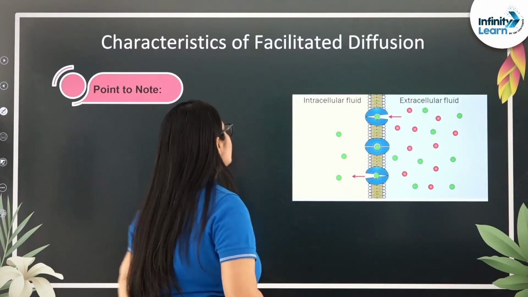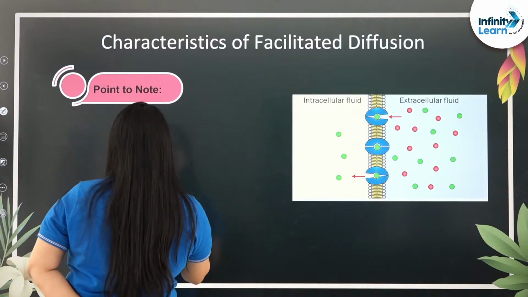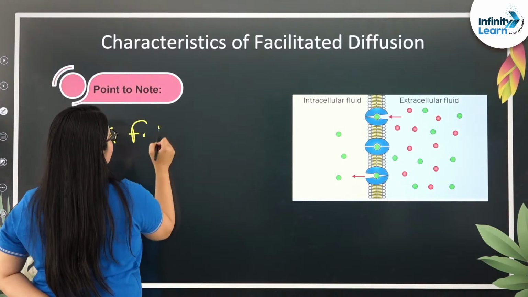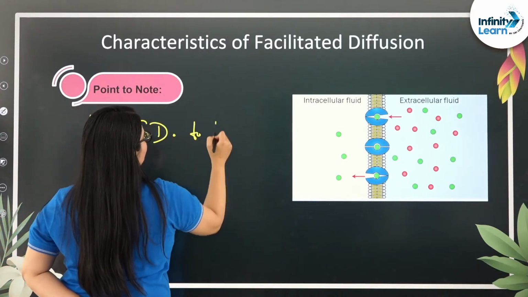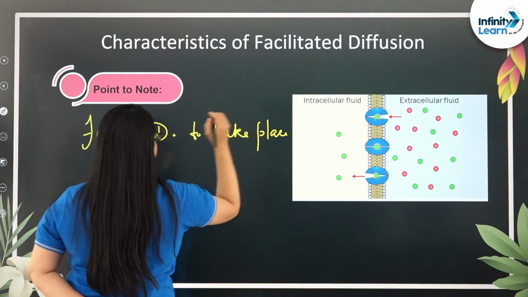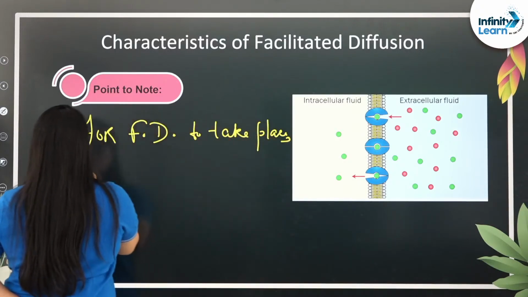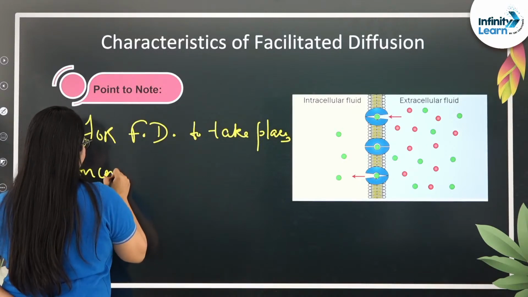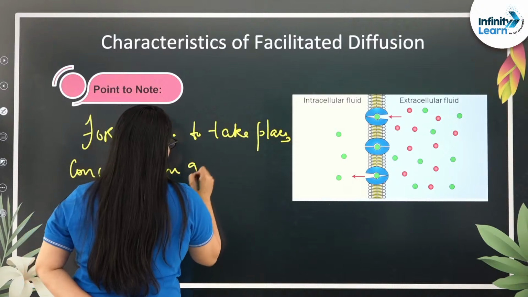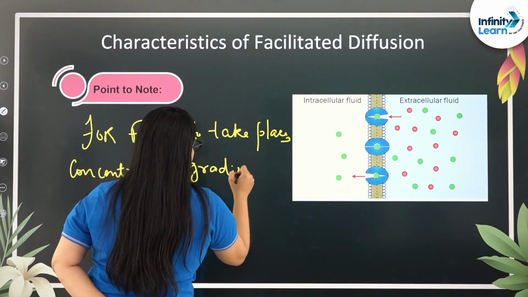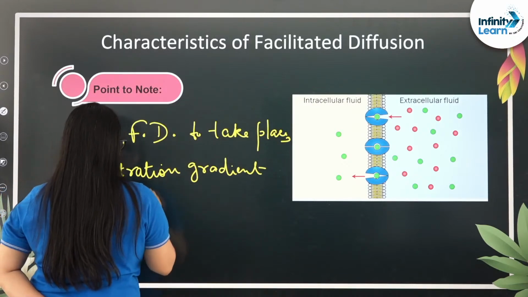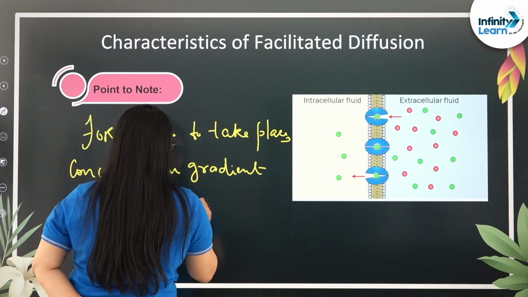So remember, for facilitated diffusion to take place, a concentration gradient should be present.